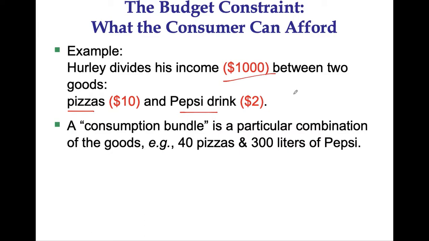So here we define a consumption bundle. A consumption bundle is the particular combination of goods. For example, 40 pizzas and 300 liters of Pepsi drink. This is one combination among many. So when we say consumption bundle, we mean a combination of goods and services.